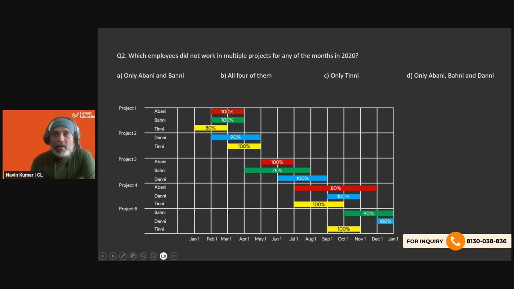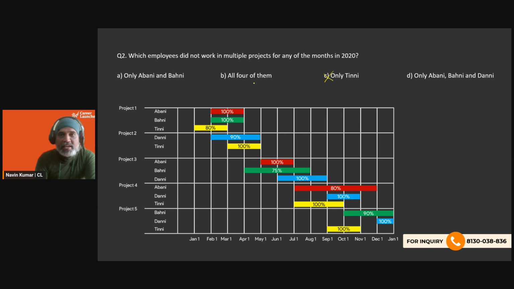We need to find the employees who did not do that. If I look at A, A worked in February and March, then in May and June, and then in July, August, September, October, and November. So A is definitely someone who did not work in multiple projects in any month. So C is ruled out.